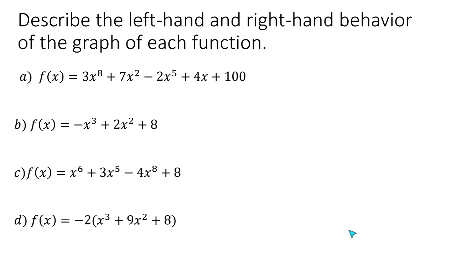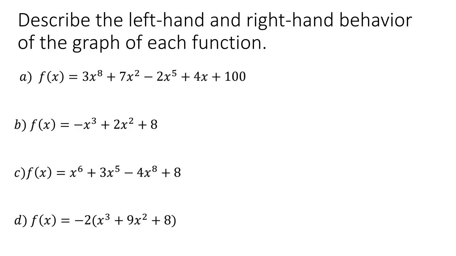They're going to give you a polynomial which is not in general or standard form, with the terms not in descending order. So we need to look at the highest exponent. The highest exponent on this function is 8, so 8 is the degree of my polynomial.